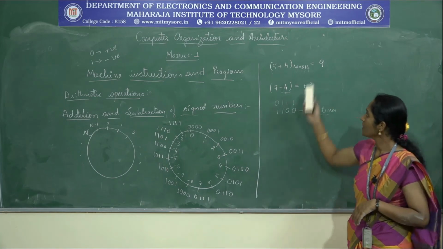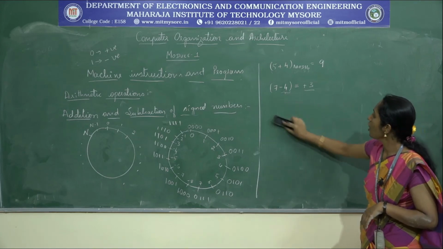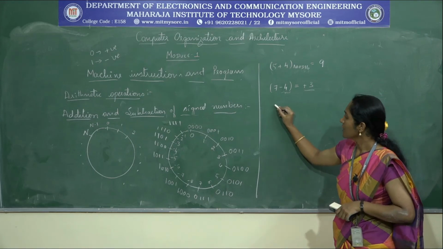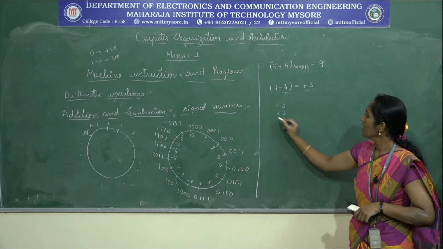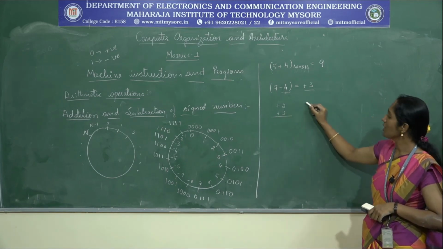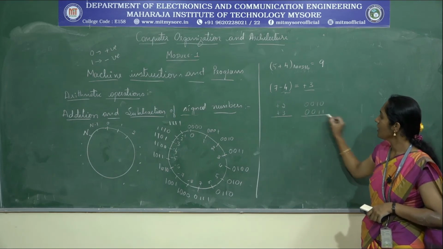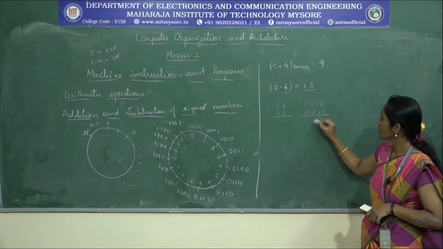So now after understanding the addition and subtraction, if you want you can consider a few more examples of addition and subtraction. If you consider plus 2 plus 3, so addition of two positive numbers, what is the equivalent for plus 2? Plus 2 is 0 0 1 0, plus 3 is 0 0 1 1, and the addition is 0 1 0 1.